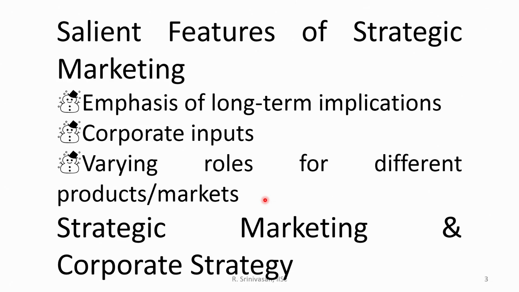Now, let us look at the salient features of strategic marketing. What is it that we are trying to do when we are looking at strategic marketing? The important aspect that we are looking at is emphasis of long term implications.